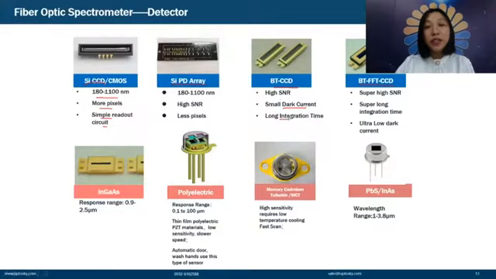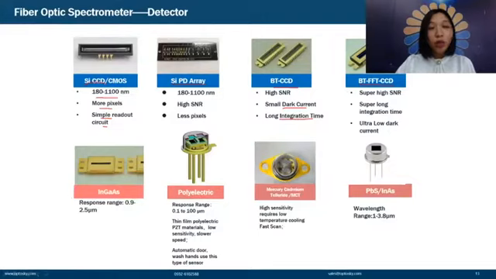It has longer integration time, but BT FFT has the best signal to noise ratio. It has the longest integration time and ultra low dark current. So from left to right, the performance is gradually rising.